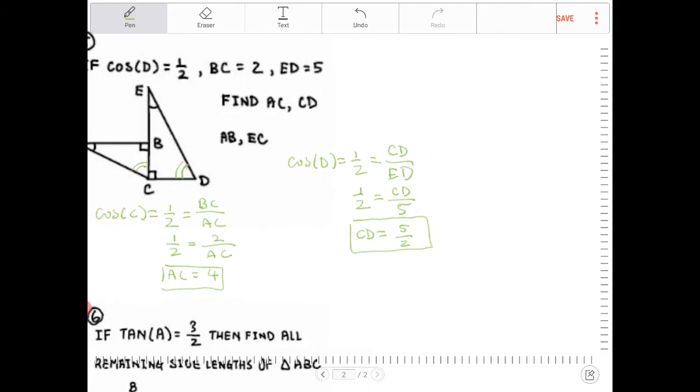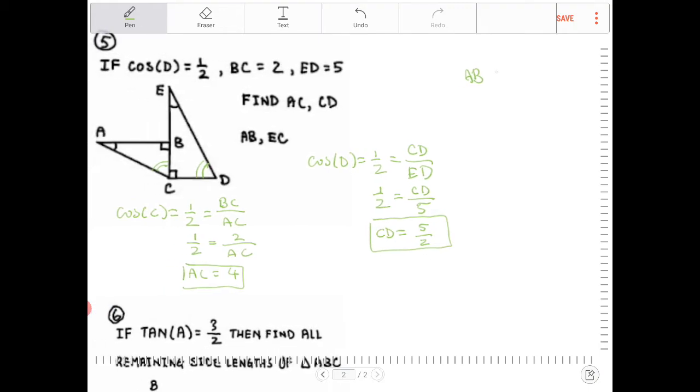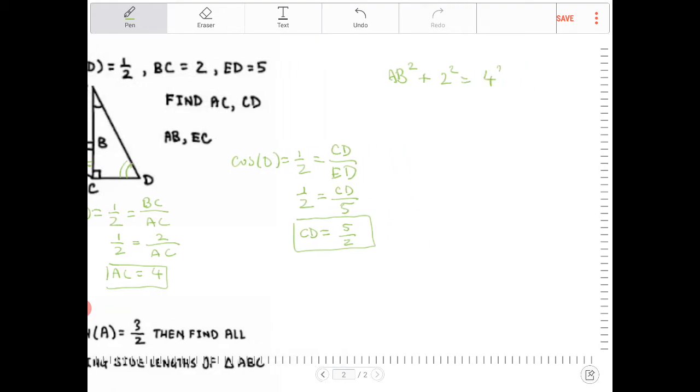So AB squared plus 2 squared is equal to AC squared, where AC is the hypotenuse and BC is the other leg, which is 4 squared. So if I figure this out, this is 16, this is 4, AB squared. Subtract both sides by 4, AB squared is equal to 12, so AB is equal to the square root of 12, or AB is equal to 2 square root of 3.